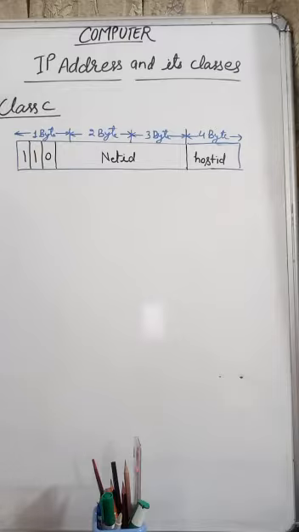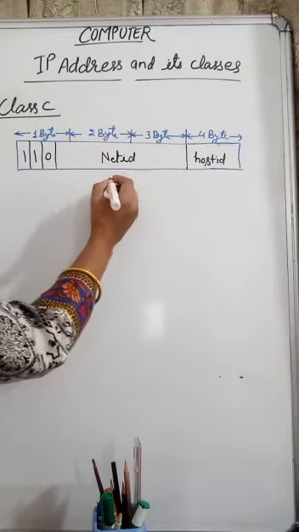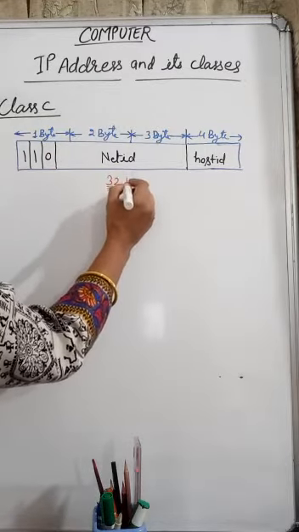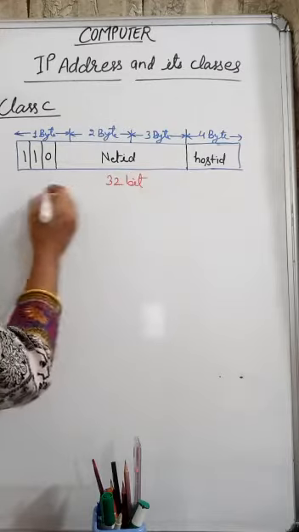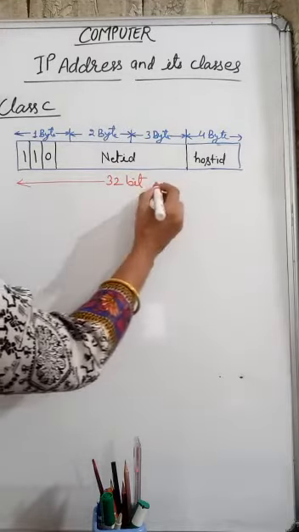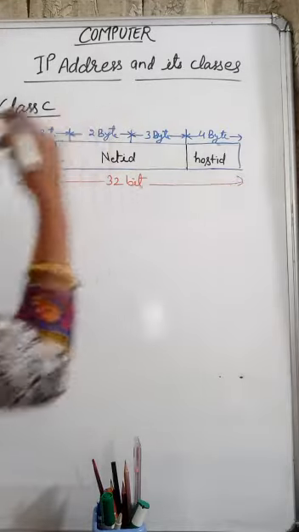There are 5 types of classes: class A, B, C, D and class E. Class A and B we already discussed. Now come to class C. We know the IP address is 32-bit in total.